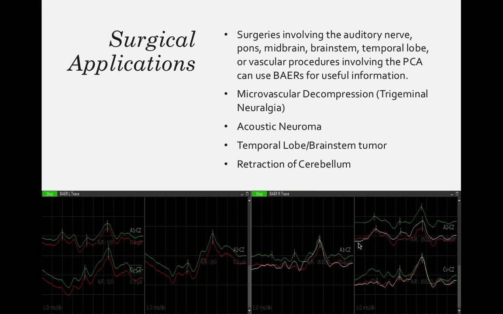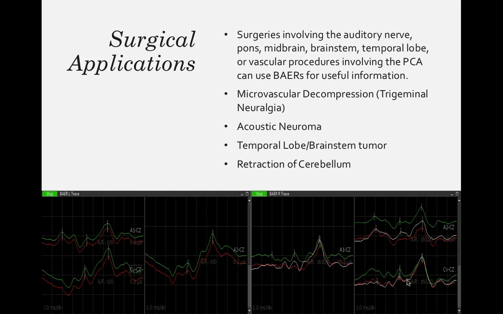And so sometimes the surgeon has to retract the 8th nerve out of the way to get to the 5th cranial nerve. And so when he's retracting, we want to make sure that the nerve is okay. It's still continuing to transmit. And that's actually what one of those procedures is, where these screenshots are coming from.